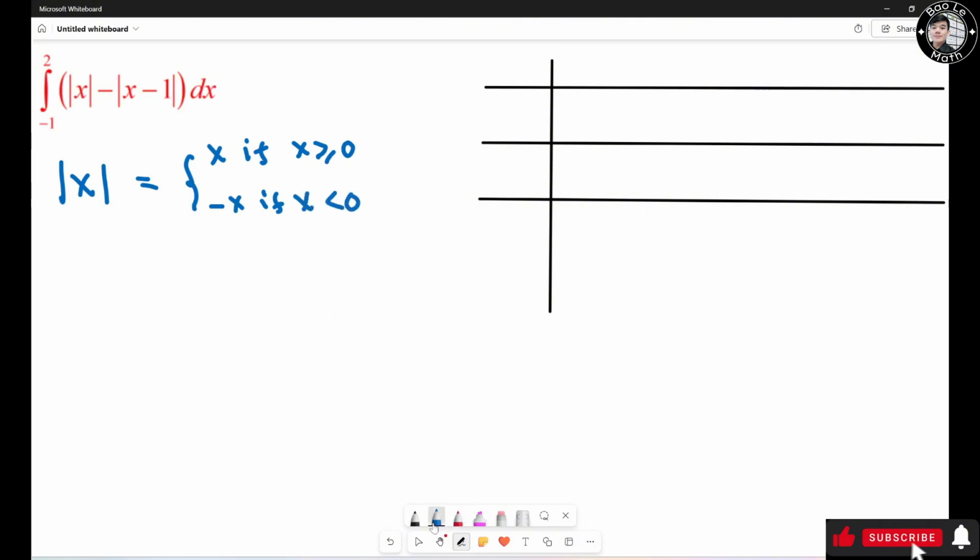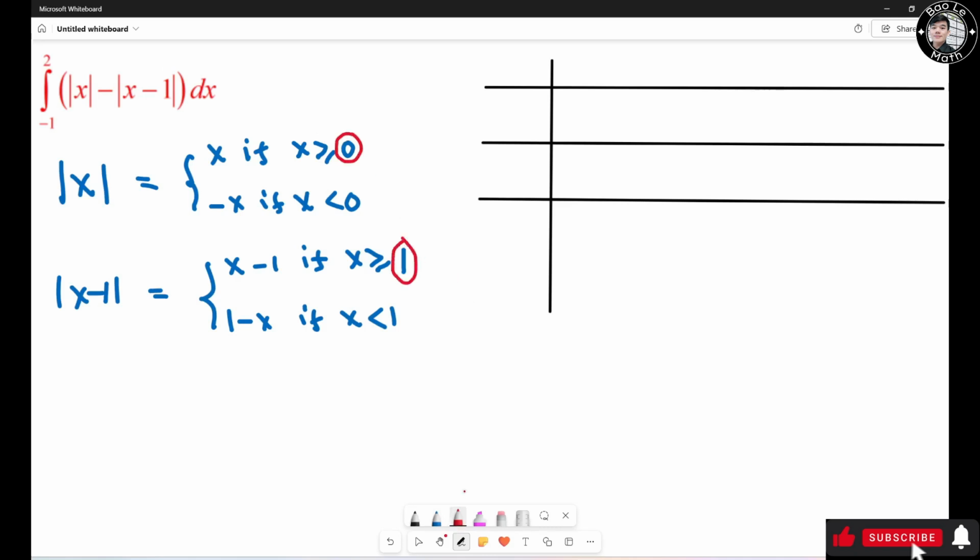Similarly, the absolute value of s minus 1 equals s minus 1 if s is greater than or equal to 1, and 1 minus s if s is less than 1. The breakpoints are 0 and 1, so we're going to put them on the table.